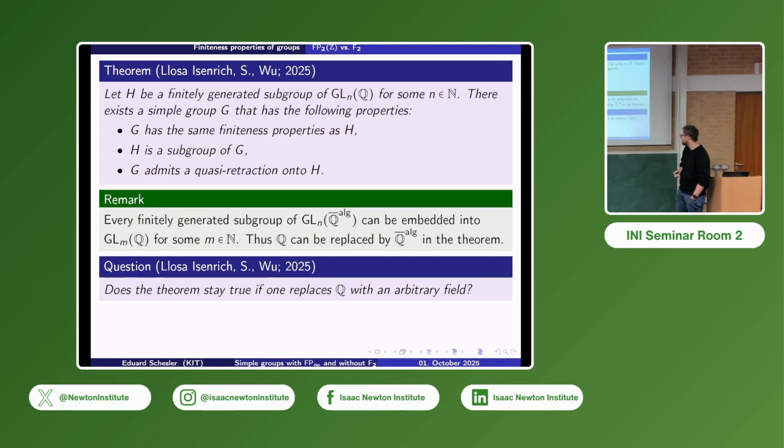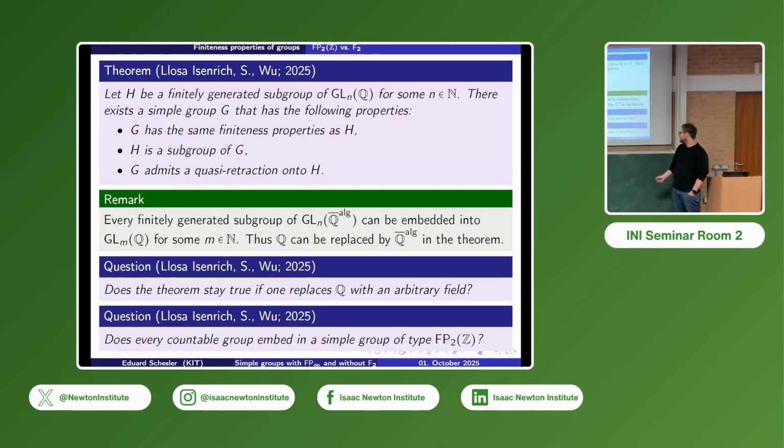This is a pity, since this would have some interesting applications. That's why we ask whether we can replace Q by an arbitrary field. The characteristic is not the problem, it is the transcendental elements. And there are interesting groups that have linear representations but use transcendental elements, like braid groups.